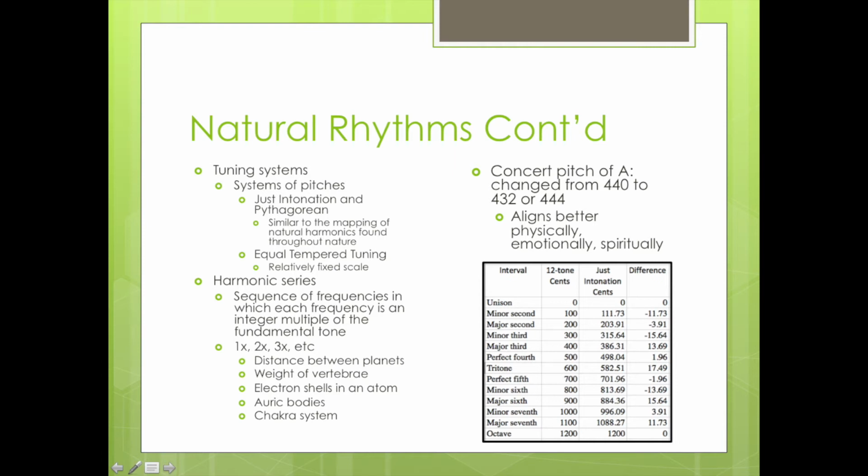It is found in the distance between planets, the weight of the vertebrae, the electron shells in an atom, the auric bodies, the chakra system. But it's probably most similar to Pythagorean and just intonation because of the give and take found in the numbers.